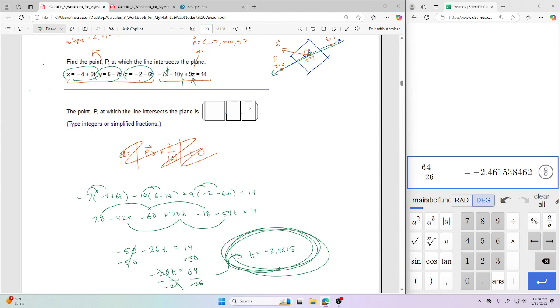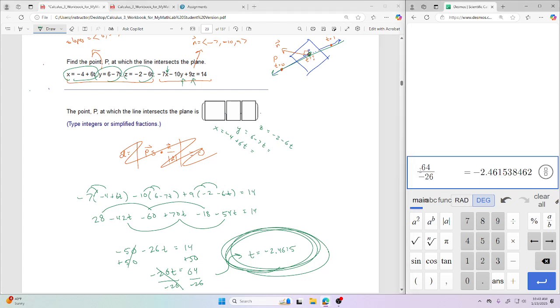We have formulas for all those. So x is equal to -4 plus 6 times t, and I'm going to get a number. Y is equal to 6 minus 7 times t. Z is equal to -2 minus 6 times t. We have all that stuff. To make it most exact in the calculator, I'm going to say t equals the fraction.